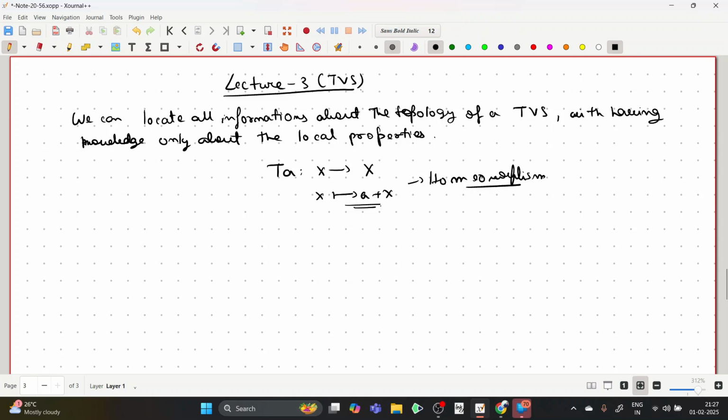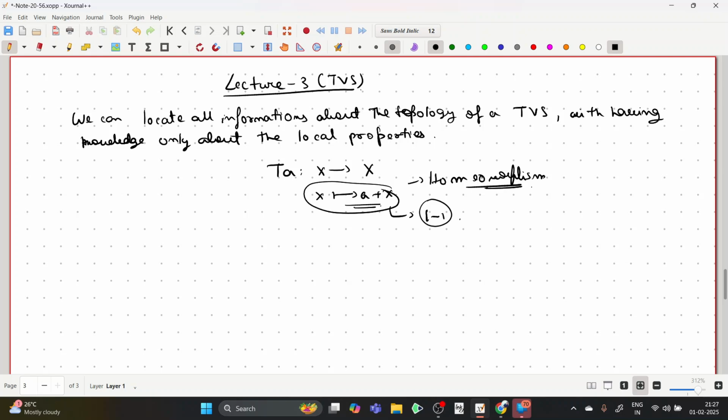And the checking of homeomorphism was also quite trivial, because this can be easily seen to be injective from the vector properties of the space, and an inverse can be easily constructed by using the additive identity of the vector which we are using to translate it. Surjectivity can also be shown very easily. So we had covered these things in the last lecture.